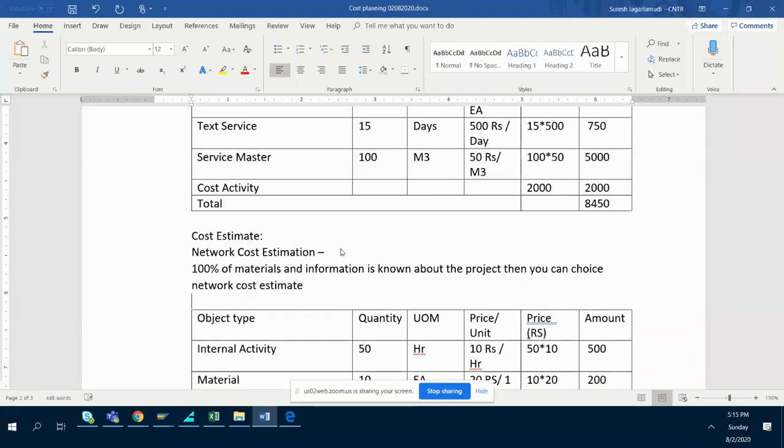Any one of you have done cost accounting in your course or somewhere? Cost accounting. All of you. Anyone have done cost accounting course? At least subject?